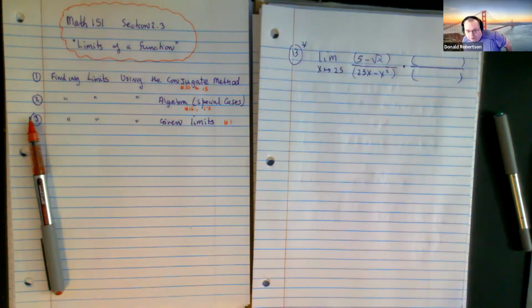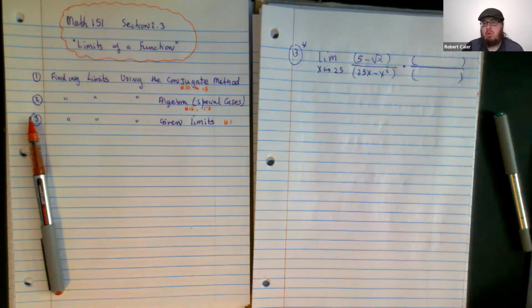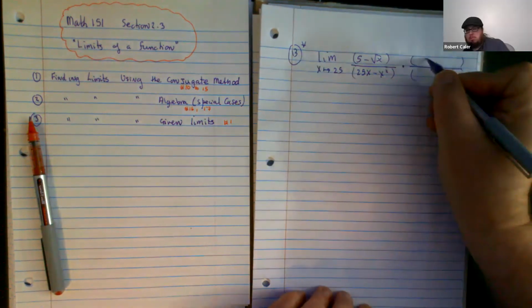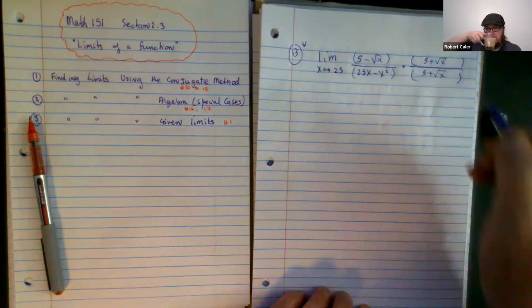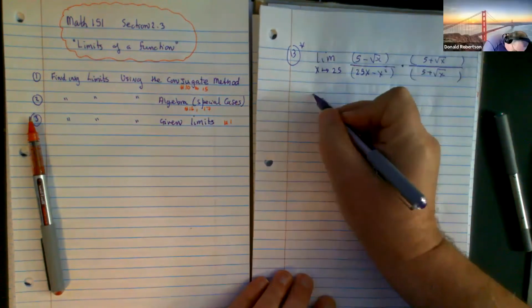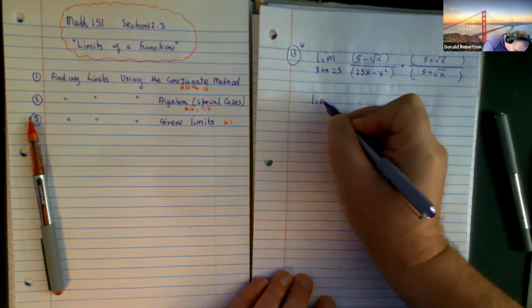What is the conjugate going to be for this question? 5 plus square root x. Move on to the multiplication stage.